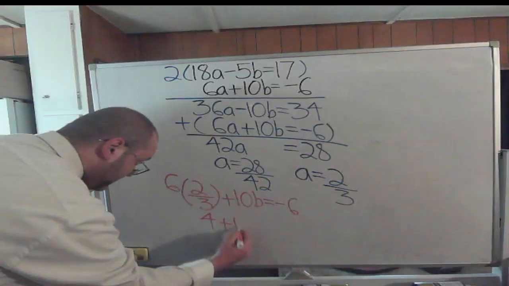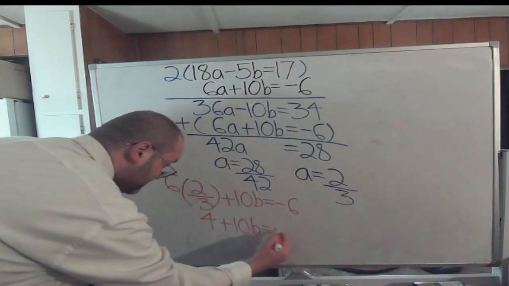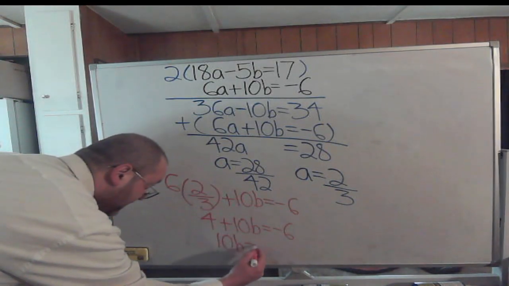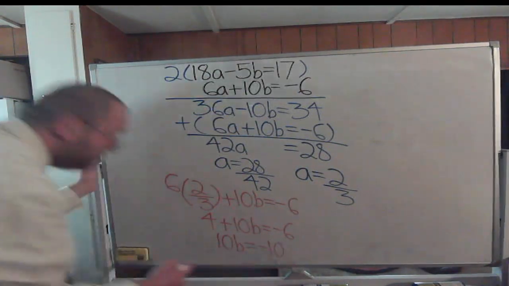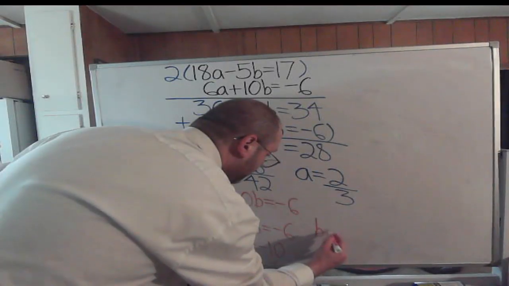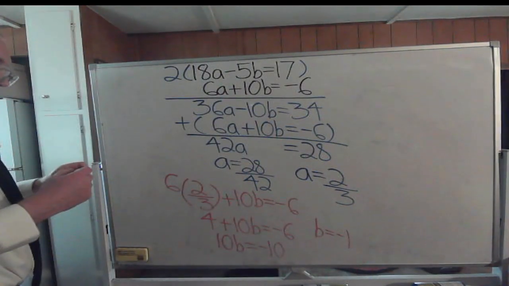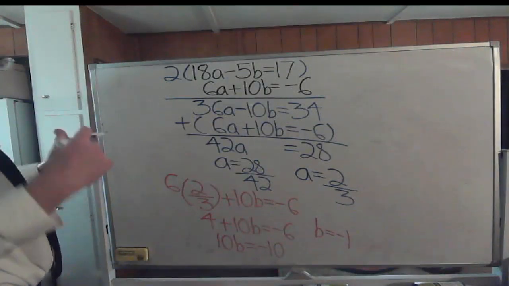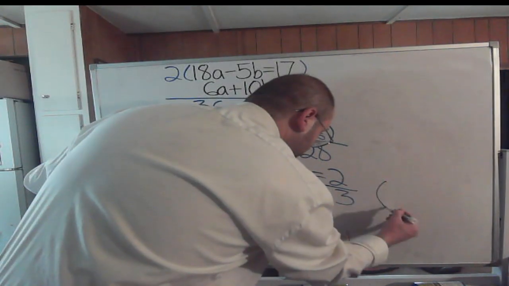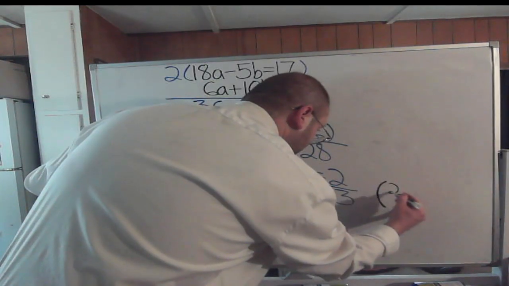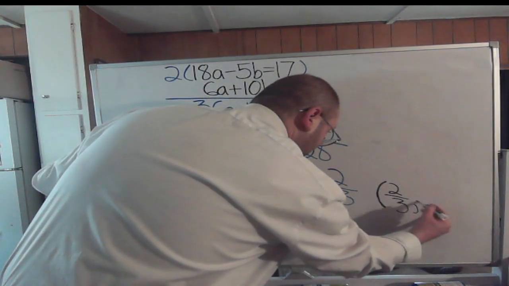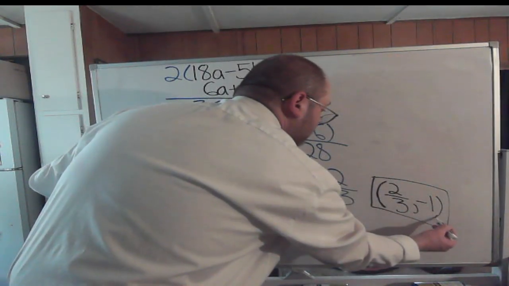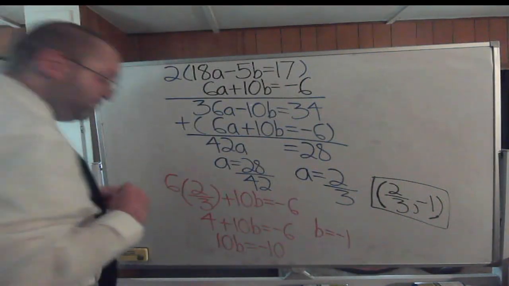You would get 4 plus 10b equals negative 6, which means 10b equals negative 10, which means b equals negative 1. So the b value for the coordinate of the solution is going to be negative 1. So that means the ordered pair that is your solution for this system is going to be 2/3, -1.